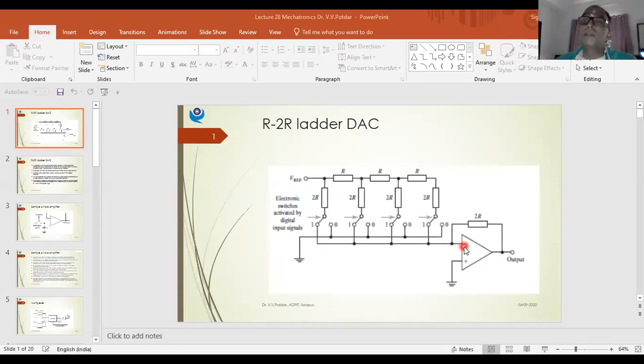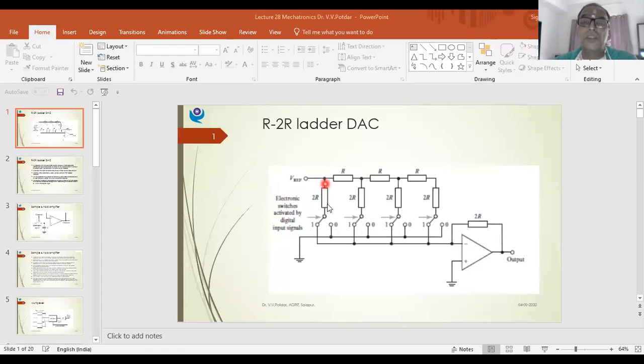Remember, the op-amp receives only analog signals. So whatever voltage I am going to give to the inverting terminal of the op-amp will depend on the resistance it is covering.